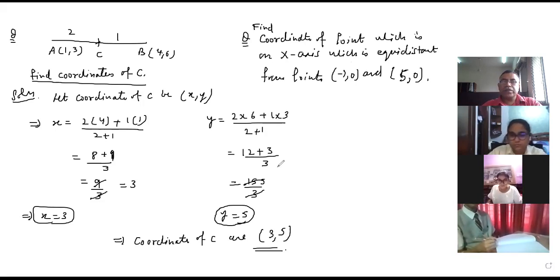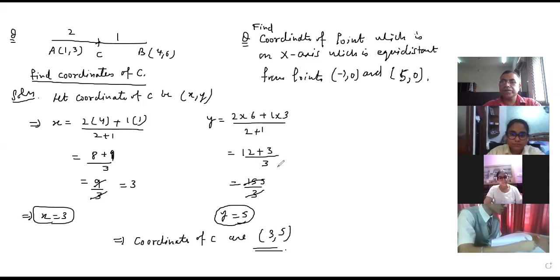Find the coordinate of the point which is on the x-axis, which is equidistant from the points (-1, 0) and (5, 0). Written, sir. So just solve it, fine.